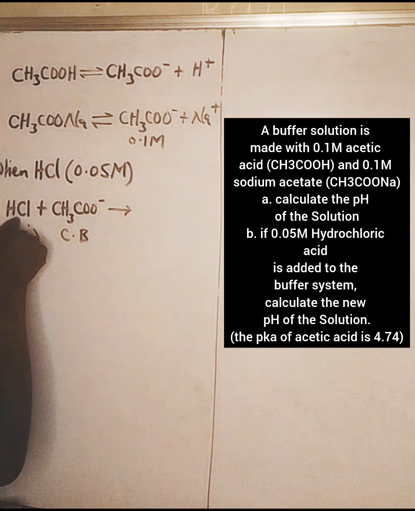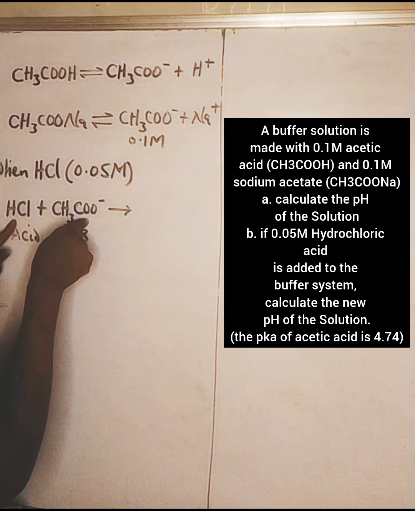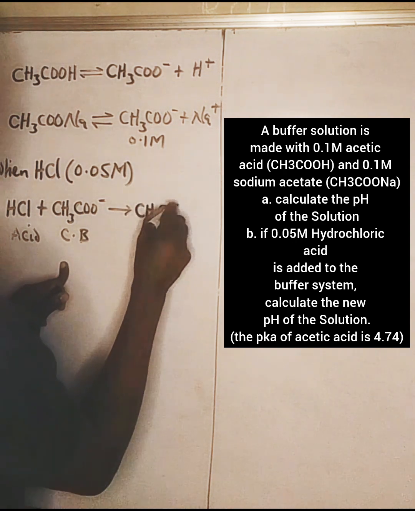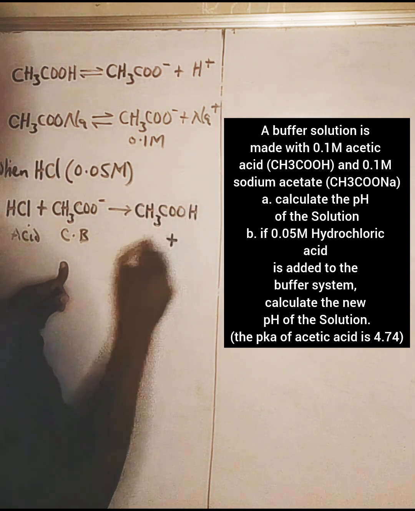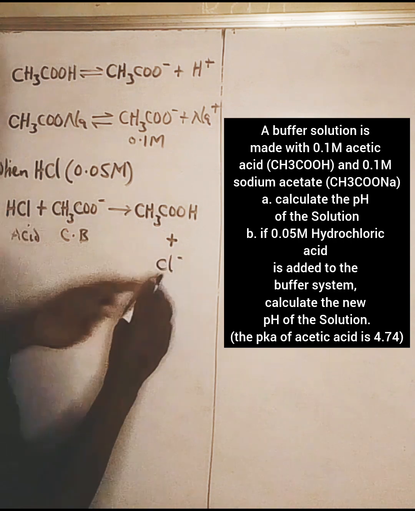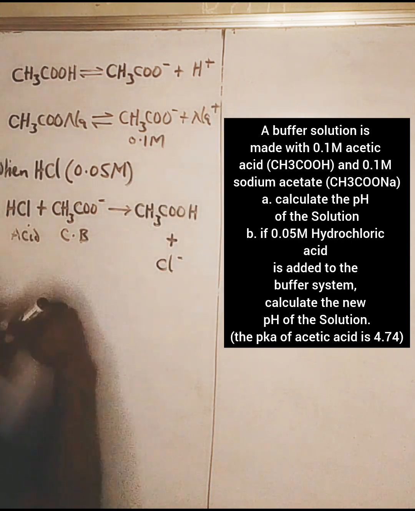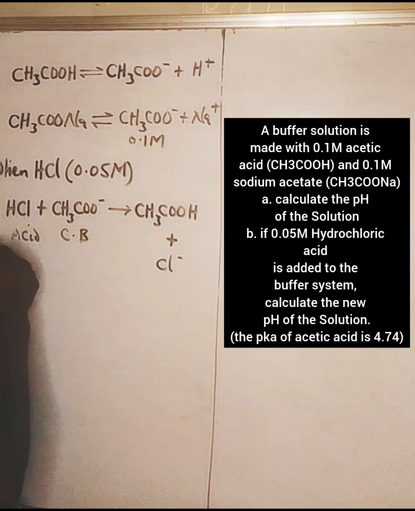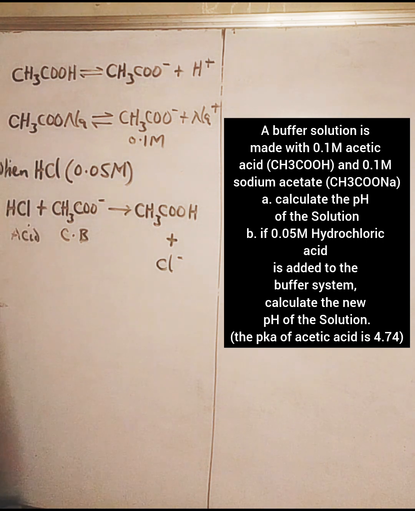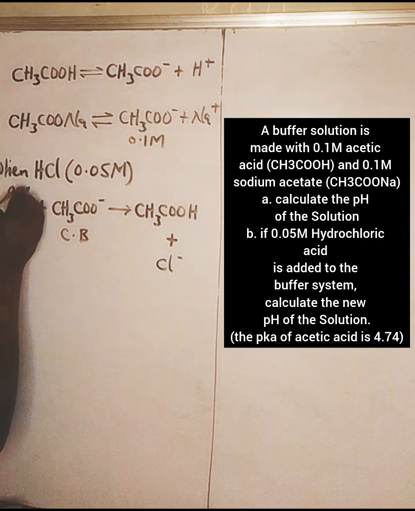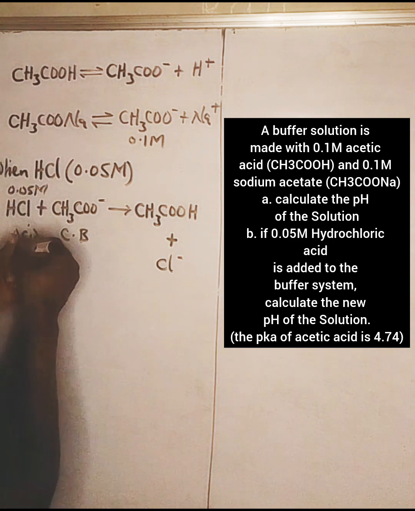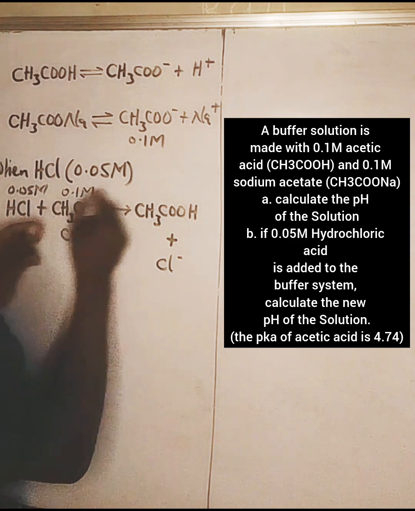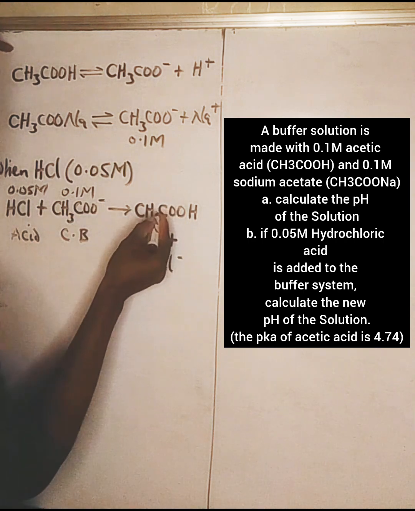So the hydrochloric acid will protonate this conjugate base, and we have CH3COOH plus chloride ion, which may attack sodium ion in the system. So you observe that the presence of this hydrochloric acid, which is 0.05 molar, has converted some of this 0.1 molar to the original acetic acid.